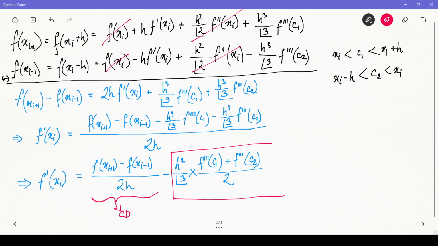So this is our formula for the central difference approximation method, and whatever else we have remaining is the error that we are incurring.